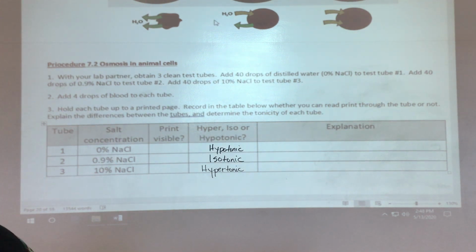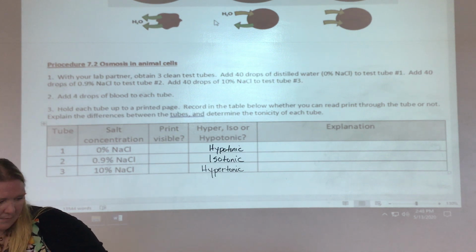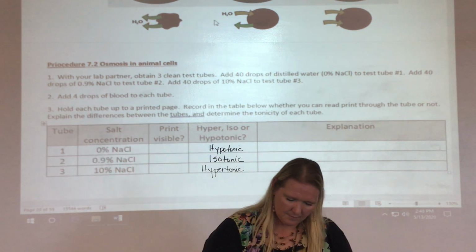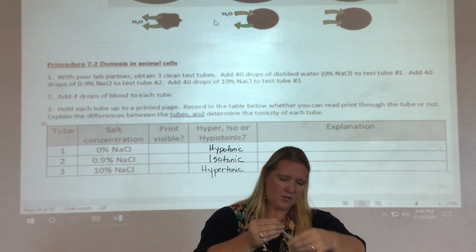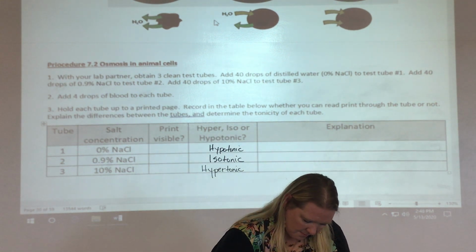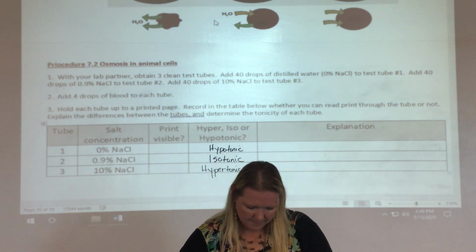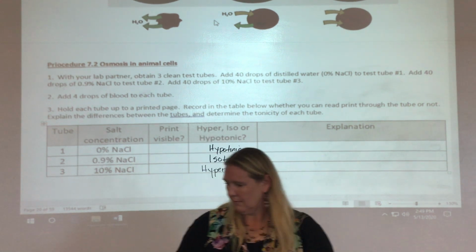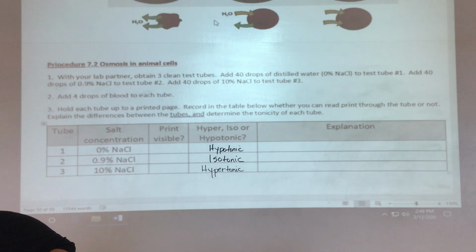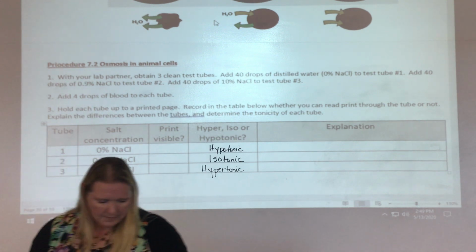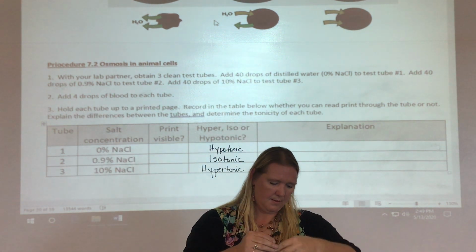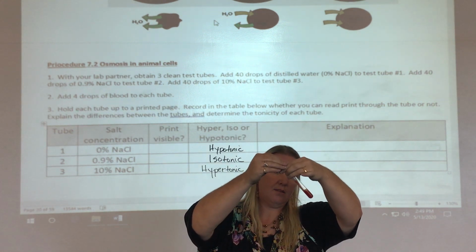One second. All right, so I'm just going to take 1 drop of each of these. Just give me a second to set that up. Get some cells in there.